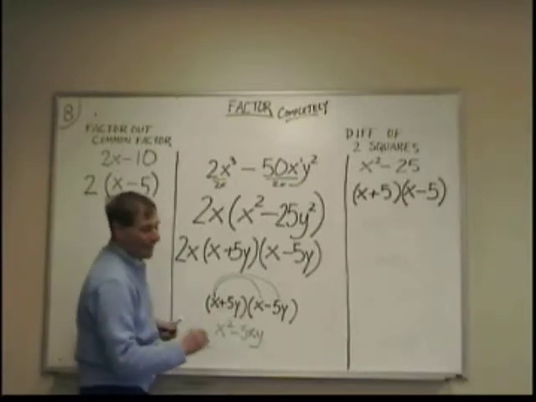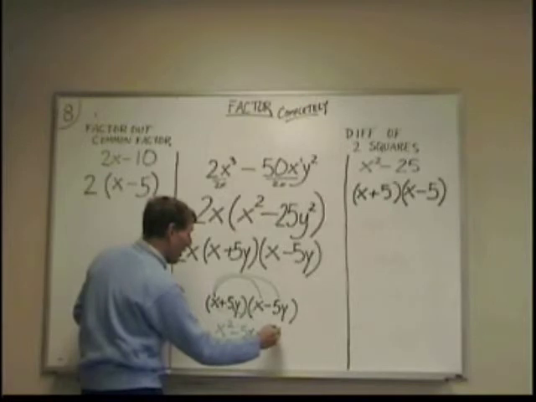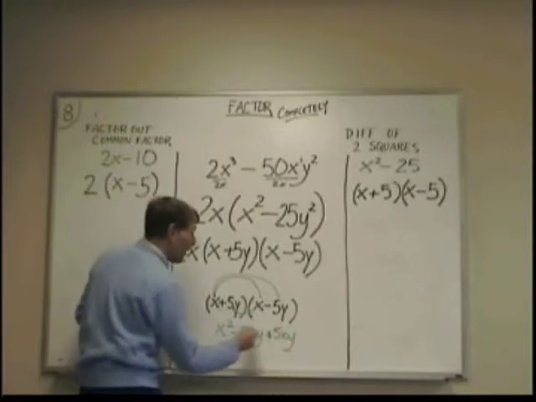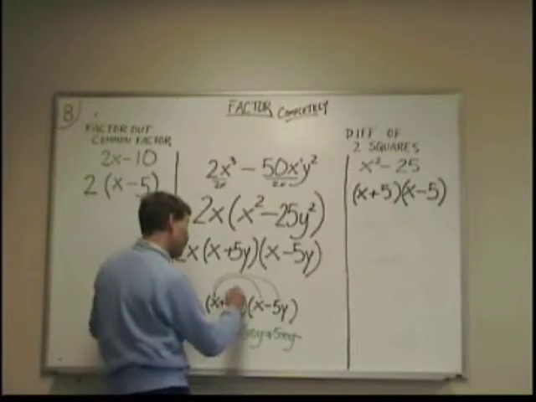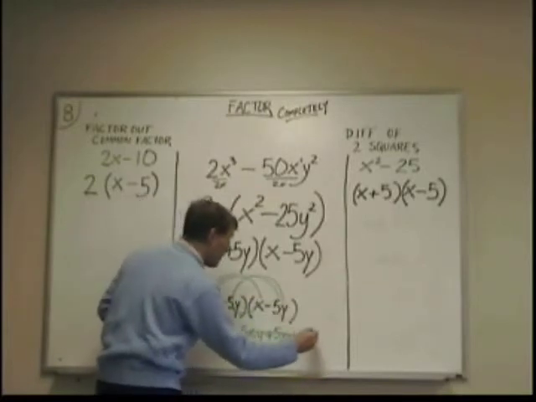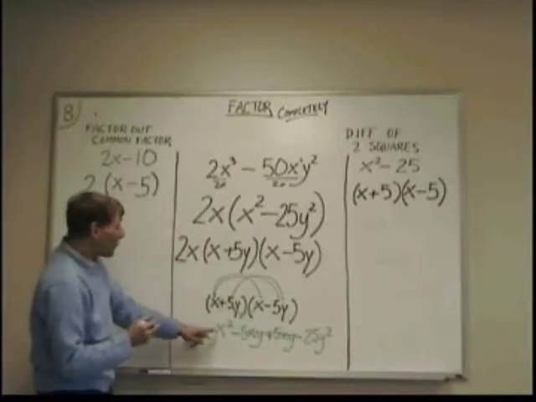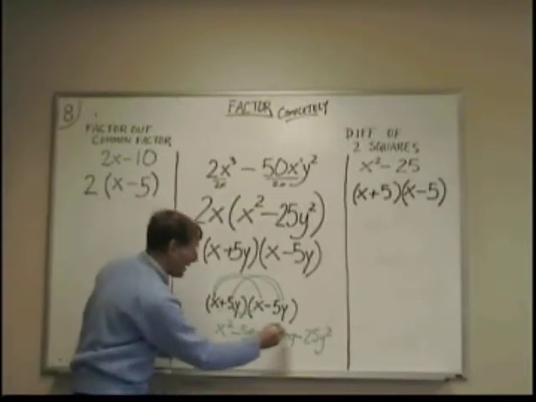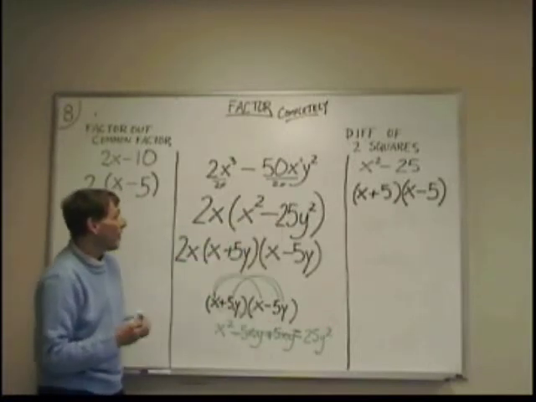Have to be careful with those letters. Inner, which is positive 5xy. Those two will cancel out. And last, which is 5y times 5y, is 25y squared. So here's my x squared minus 25y squared, which is what I have there.